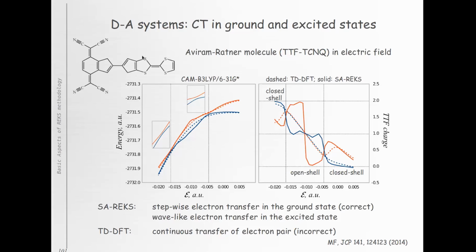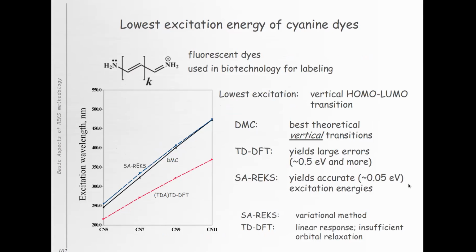But TD-DFT and Kohn-Sham DFT describe continuous transformation of the whole electron pair from, say, a closed shell configuration through closed shell configurations to another closed shell configuration. So this description is incorrect both in the ground state and in the excited electronic state.